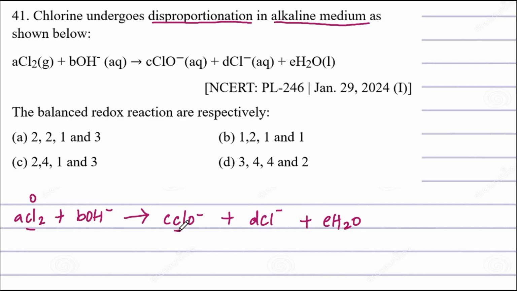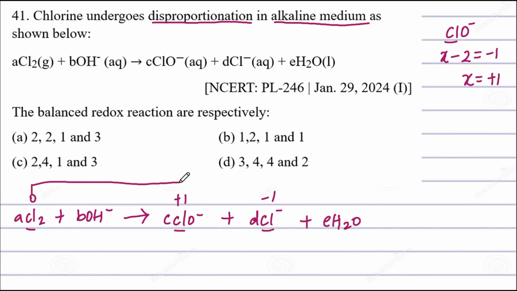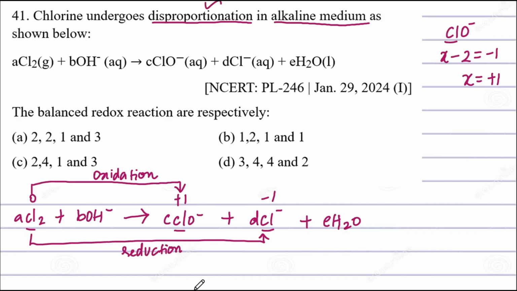The oxidation state of chlorine in ClO-: X minus 2 equals -1, so the value of X is +1. Then the oxidation state of chlorine in Cl- is -1. So one chlorine atom has an increase in oxidation state, so it is oxidation. The other chlorine atom has a decrease in oxidation state, so it is reduction. So it undergoes disproportionation reaction.